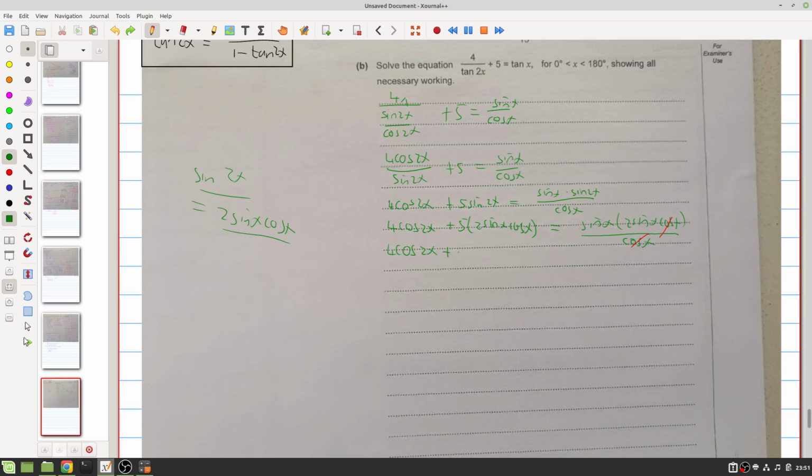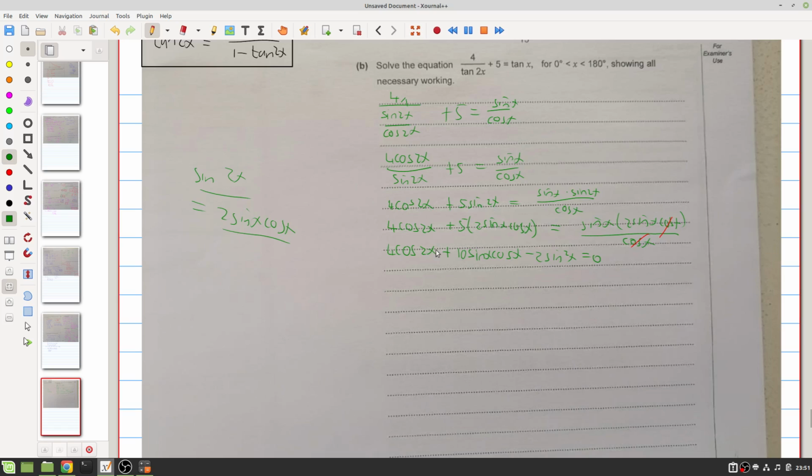Then 5 times 2 is 10, so 10 sin x cos x equals, now sin x times 2 sin x is 2 sin squared x. Okay, so I'm just going to take this across and make it a minus, just to save a bit of time, minus 2 sin squared x equals 0.